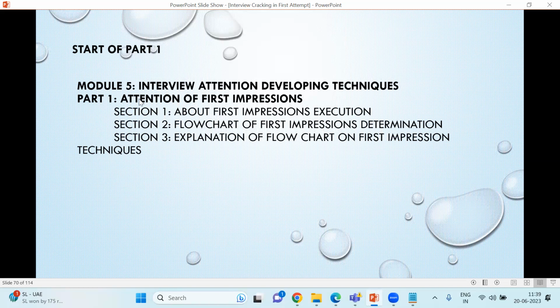Part 1 is Attention of First Impressions. Section 1 is about first impressions executions. Section 2 is the flowchart of first impressions determinations. Section 3 is the explanation of the flowchart on first impressions techniques. We'll look into that in the next slide for Module 5, Part 1.